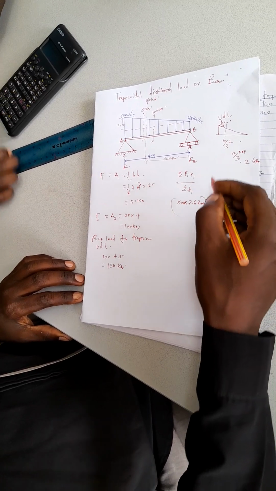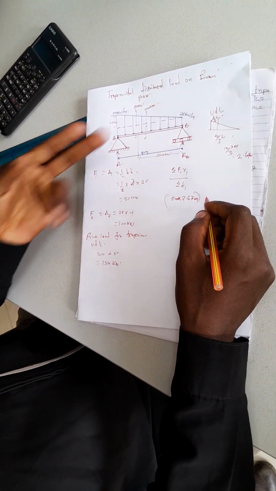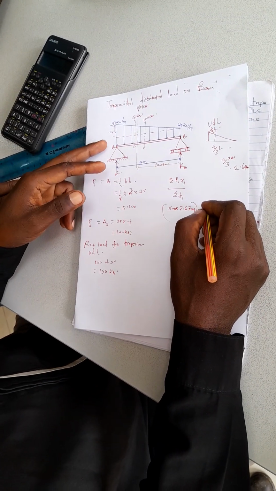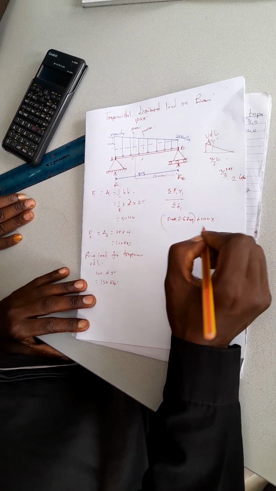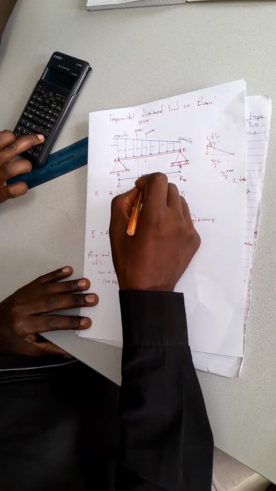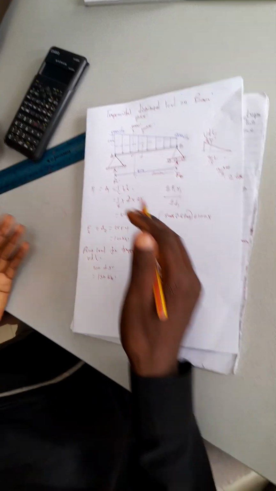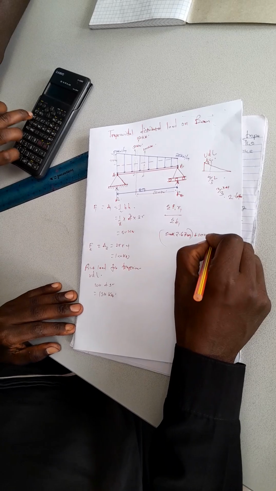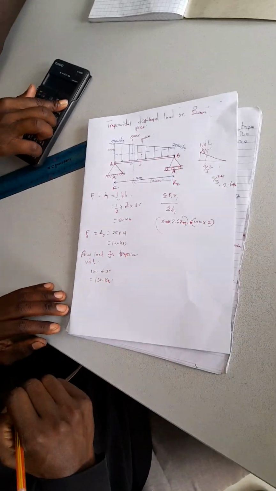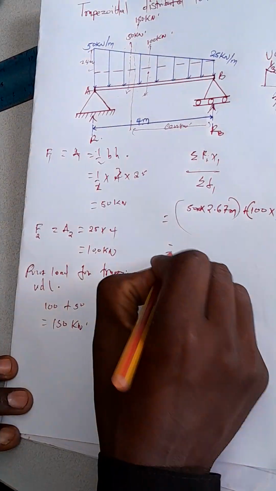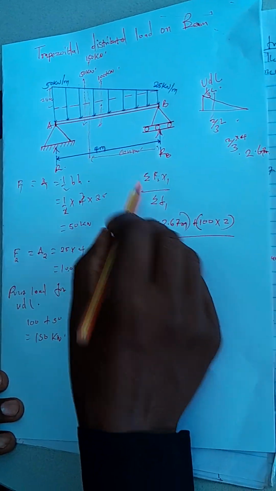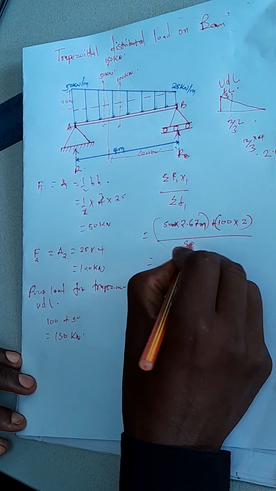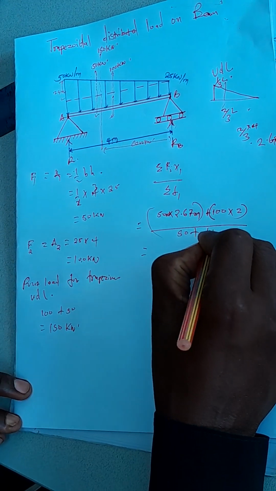Then we have the rectangular part, force 100, plus 100 times the centroid of the rectangle, which is just half of it, which is 2. Times 2, all together, over the summation of the forces, which is 50 plus 100.